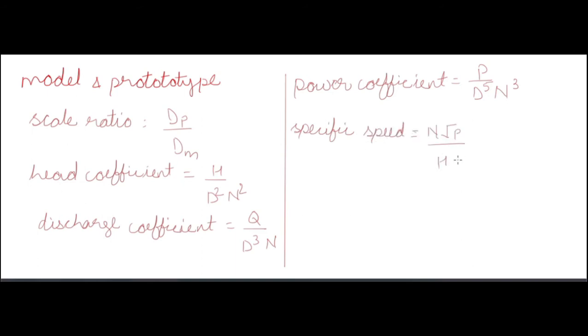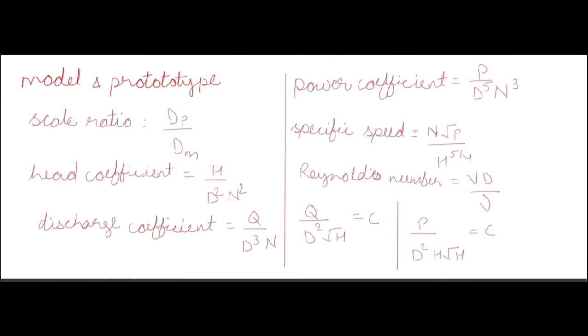We have already seen this in the dimensional analysis chapter, that model and prototype are judged on geometrical similarity, kinematic similarity, and dynamic similarity. In turbines also we see these three similarities, but here we do the similarity operation based on these quantities.